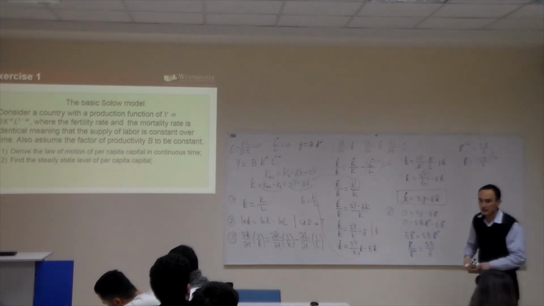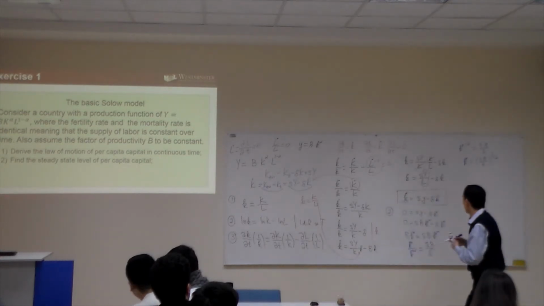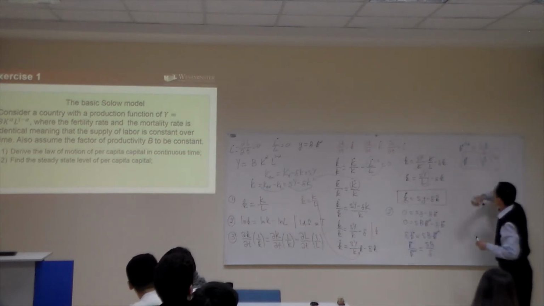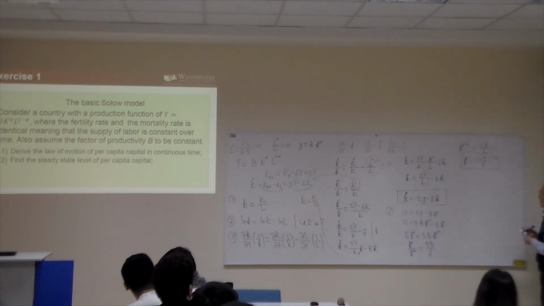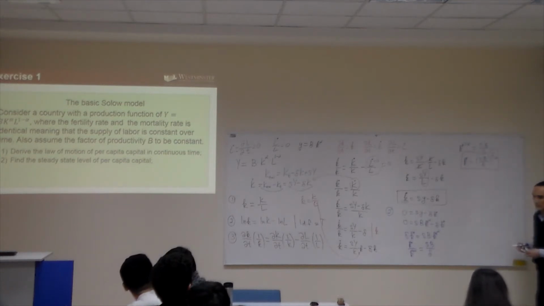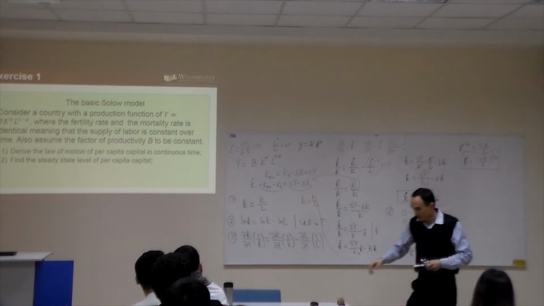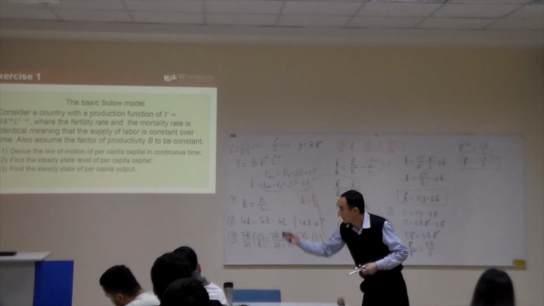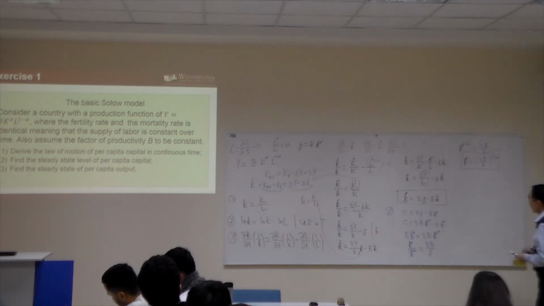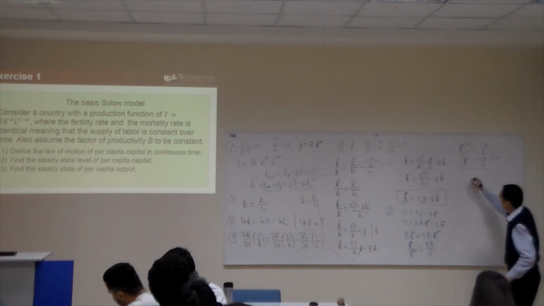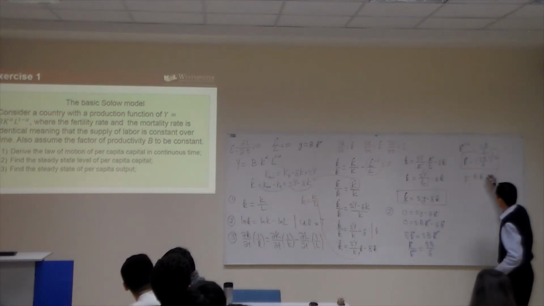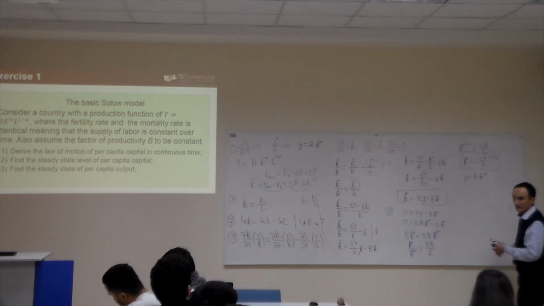So this is the steady state level of per capita capital. Everything is given. So now we found it. Next, find the steady state level of per capita output. We know our per capita output is equal to technology times per capita capital in the power of alpha, right?